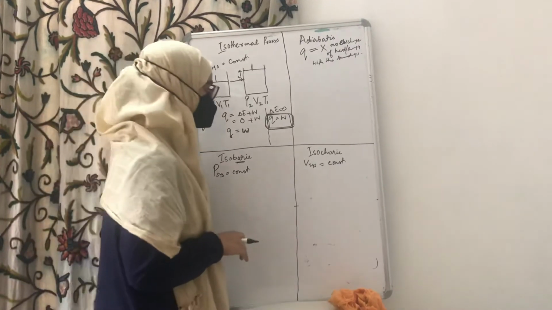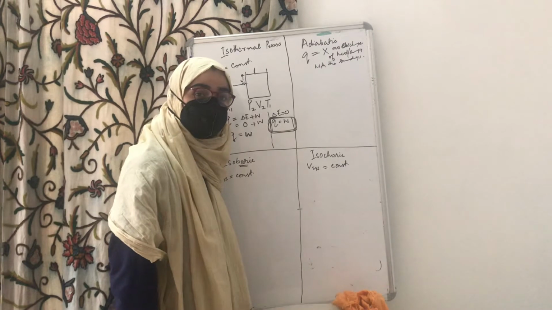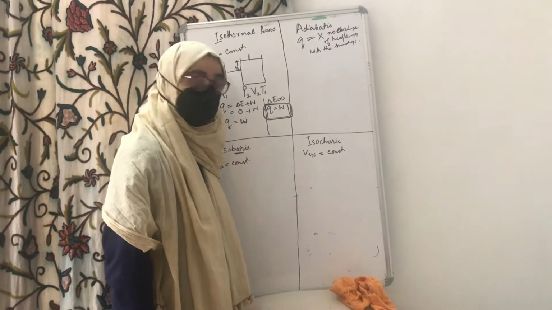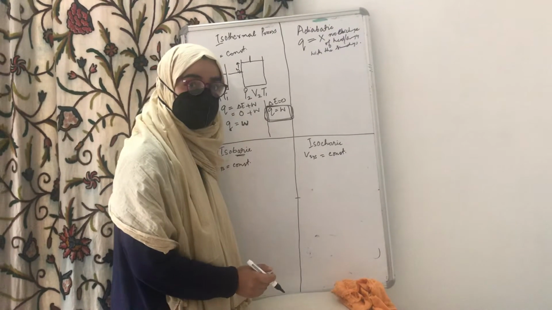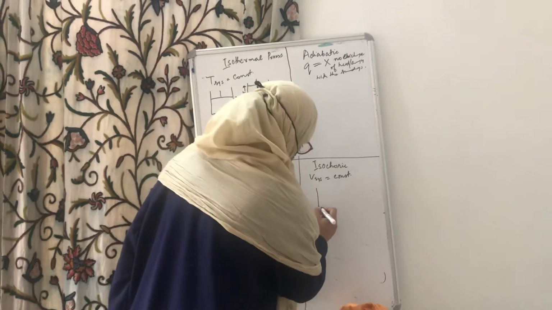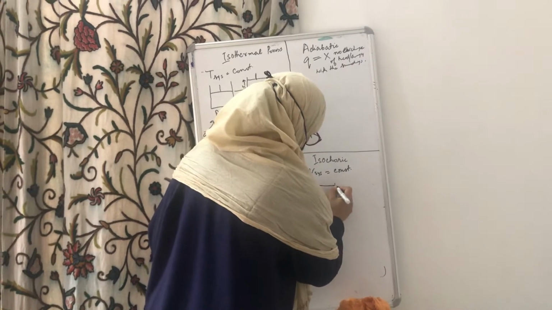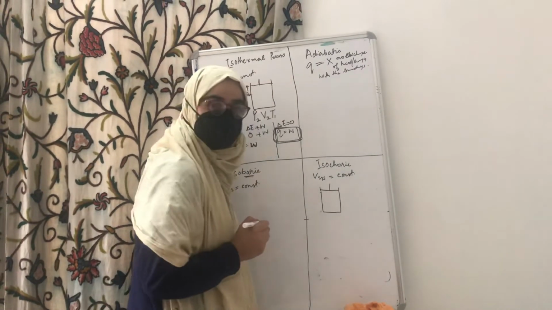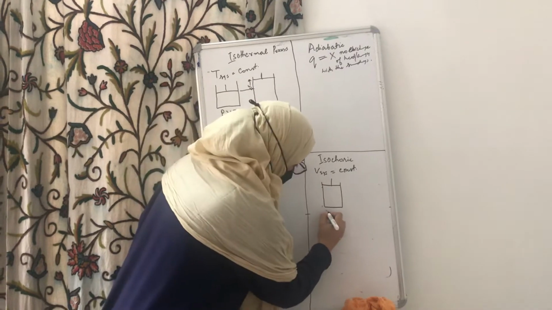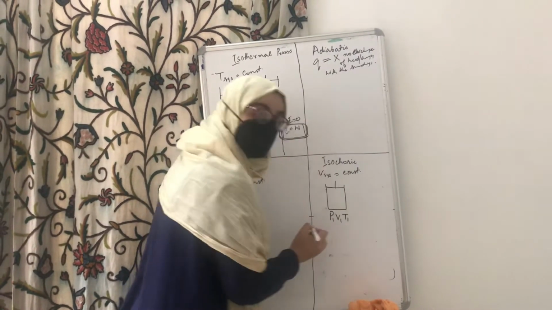Fine. Now the isochoric process. Okay, what remains constant? Isobaric is pressure. Isochoric, volume. Volume remains constant. Again, let's take a system. This is a thermodynamic system under study. So this is P1, this is V1, and this is T1, right?